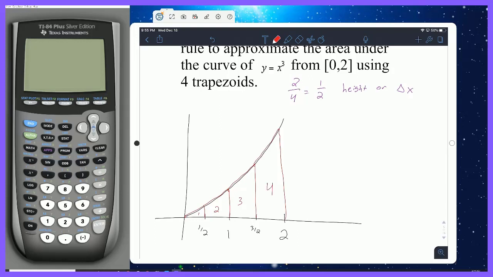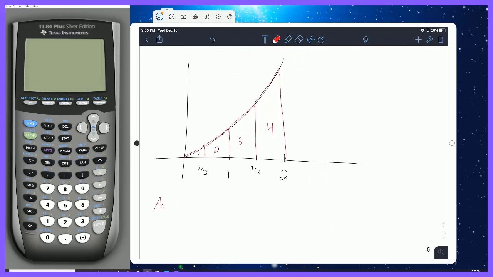So we know that in the trapezoidal rule, the approximate area is equal to 1/2 times the height. Well, I know the height in this particular example is 1/2 as well, times the first base of the problem, which is not doubled. Now, I know the first base of the problem is just the value of f of 0, which is just 0 in this case because the curve is x cubed, plus, now I'm going to double all the remaining bases.